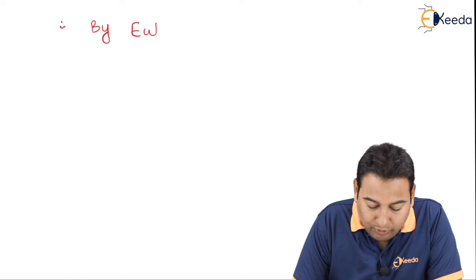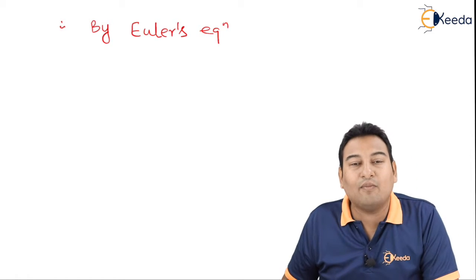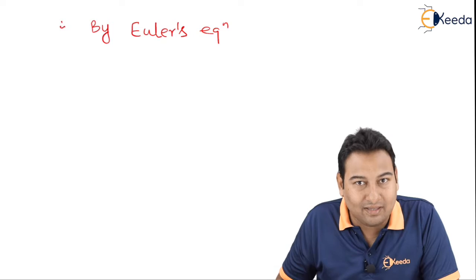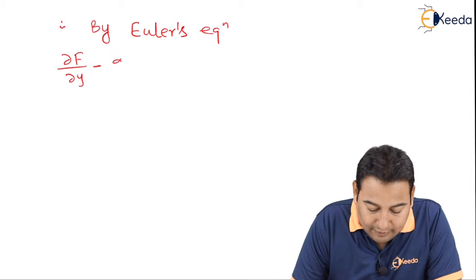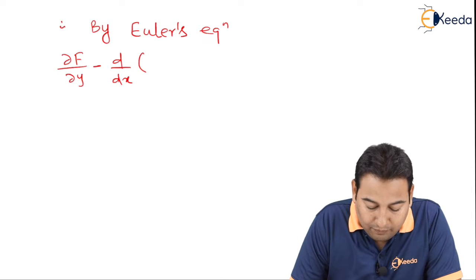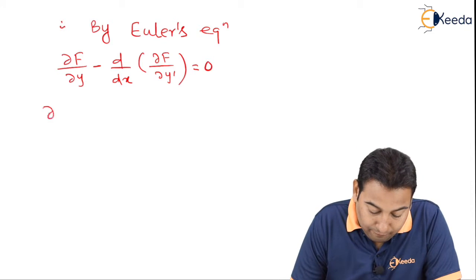by Euler's equation, we need to consider the original equation. There are two equations. I'm going to choose equation number 1 because that is simple. Dou f upon dou y minus d by dx of dou f upon dou y dash equal to 0. Let us substitute f.